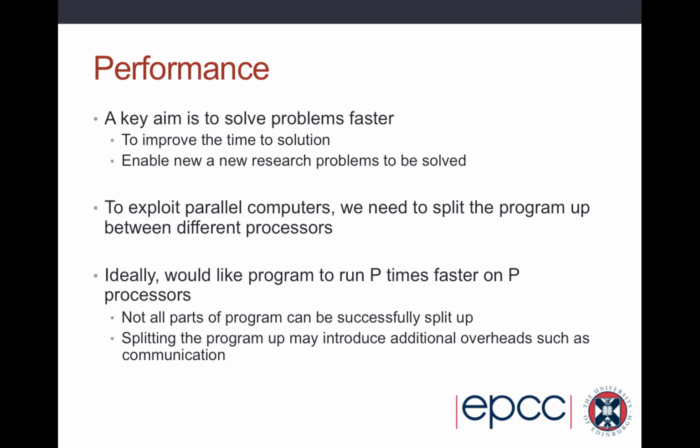The problem is that not all parts of the program can be successfully split up. For example, it's very difficult to split up I/O and disk access. And splitting up the program may also introduce additional overheads into our programs, such as communication and other things along these lines. So all of these things have to be borne in mind with programming.